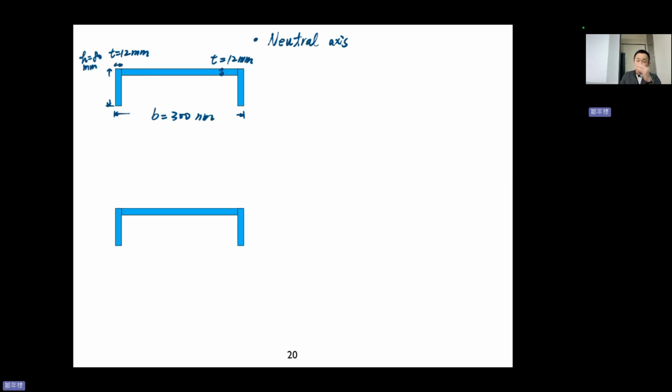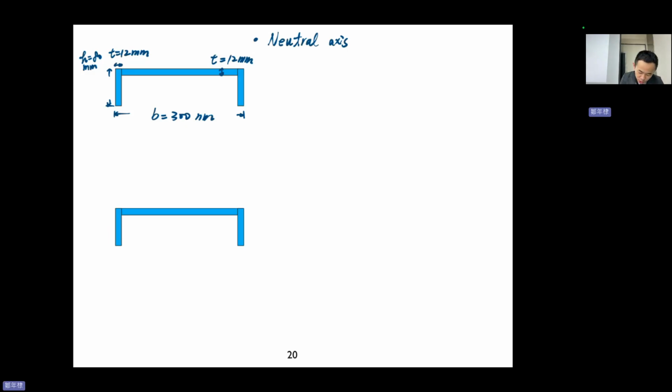Before we determine the centroid, we need to define a coordinate system by ourselves. We can choose any coordinate. We can choose here, here, or here. All okay. But I will give you a smart choice, and maybe you will realize why later.